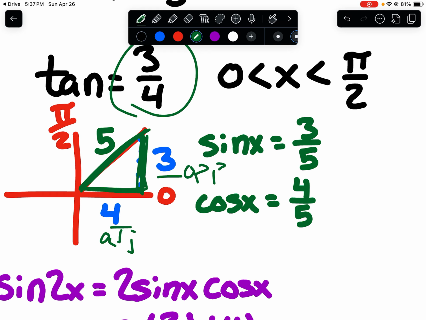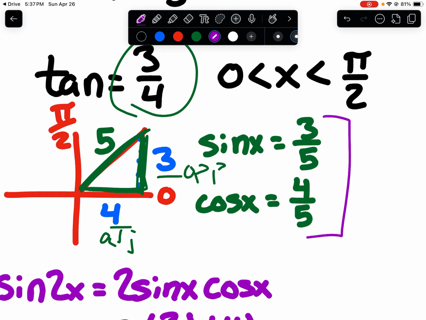Then we could use our Pythagorean theorem, which I didn't actually show that calculation, but it would give us 5 for that third side, which ultimately lets us find these two things. So it lets us find that sine x equals 3/5, cosine x equals 4/5.